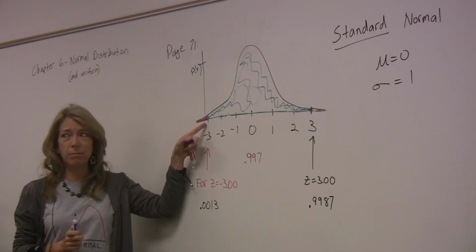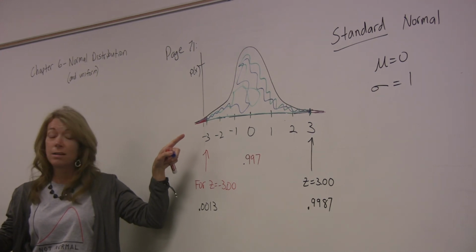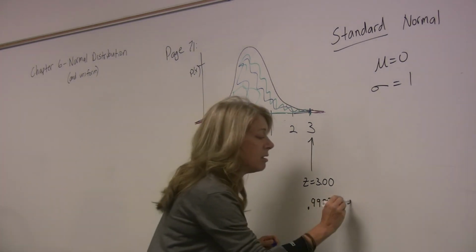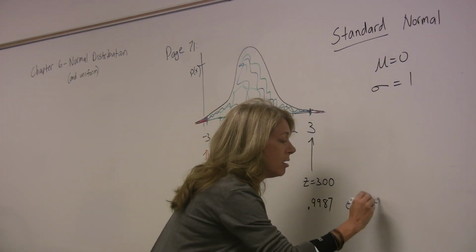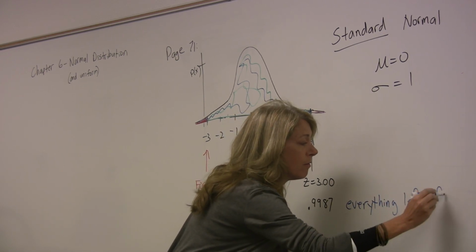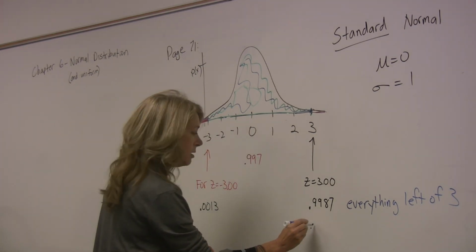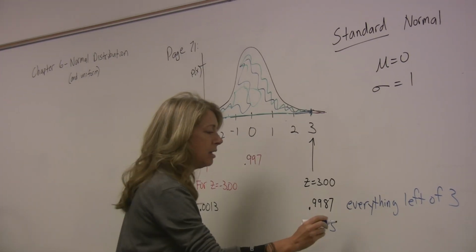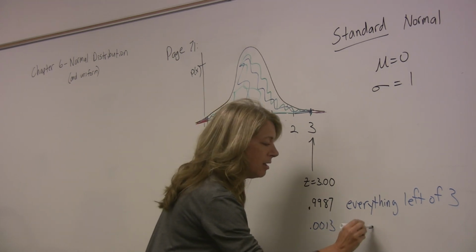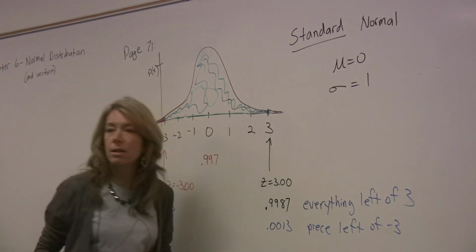But I don't want this little piece. So I subtract it. So this is everything left of 3. The 0.0013 is the piece left of -3.